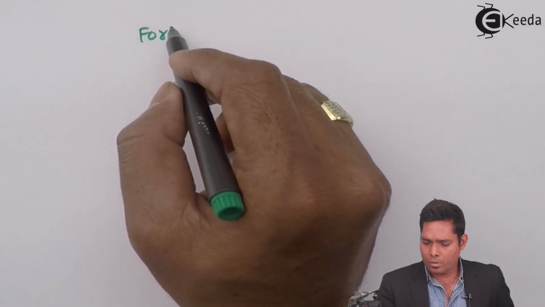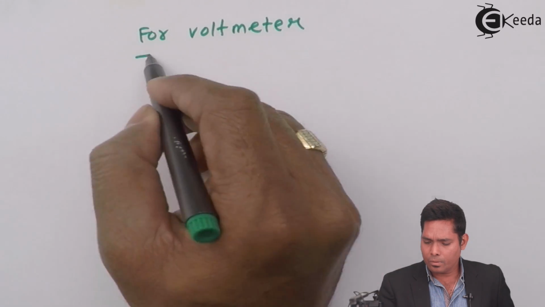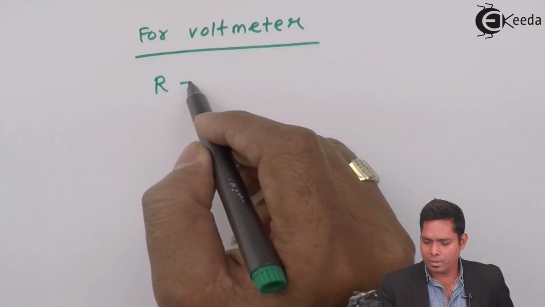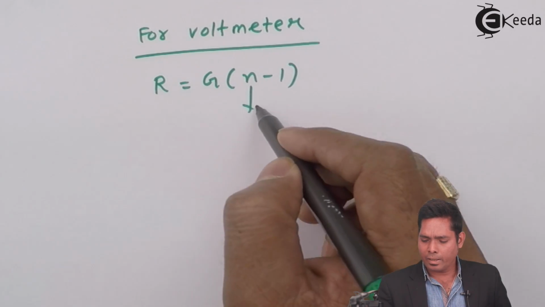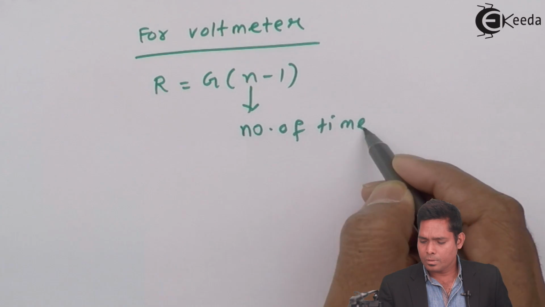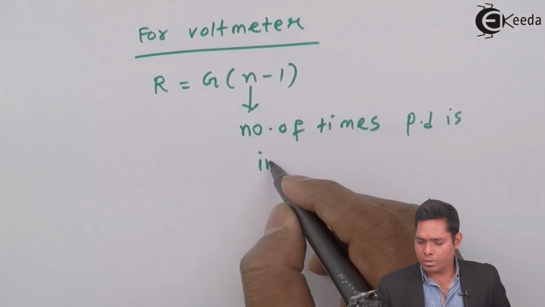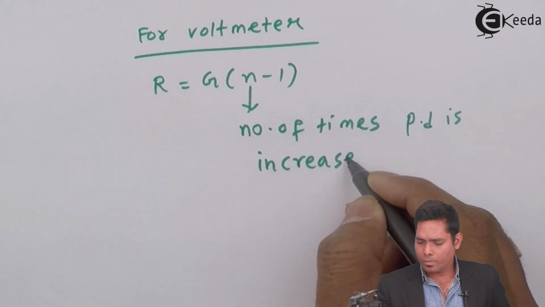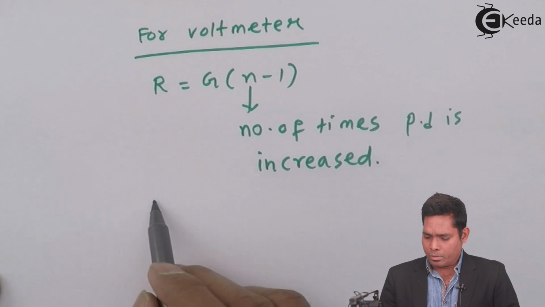For the voltmeter we use the formula: the resistance that is connected in series is G into N minus 1, where N is the number of times the potential difference is increased. So this also can be obtained by using the formula.